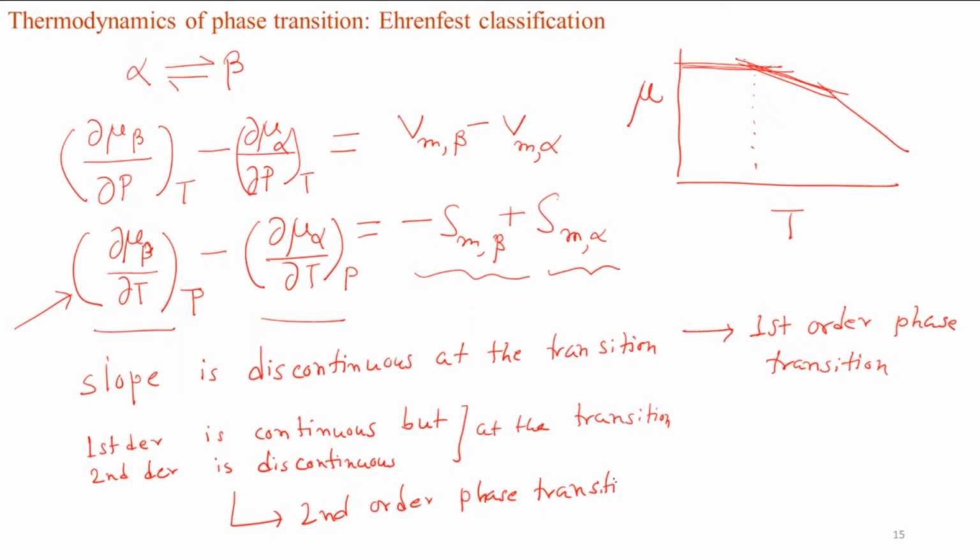So Ehrenfest first classified phase transitions based on the slope of the mu versus T curve.